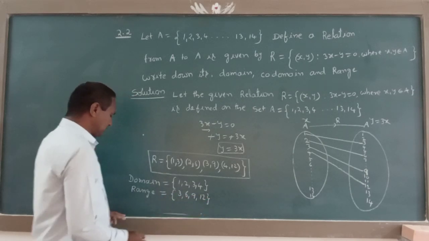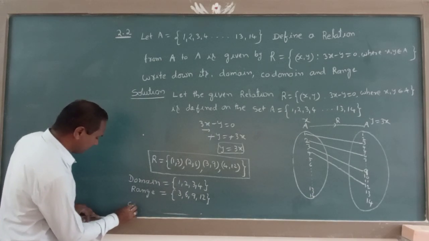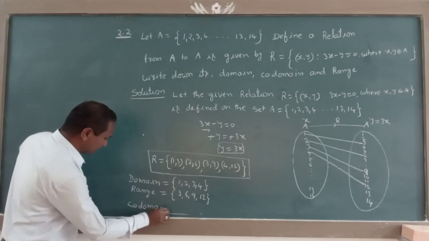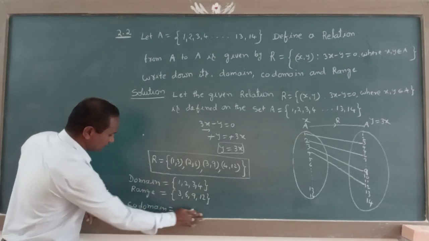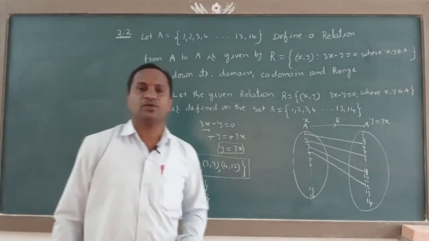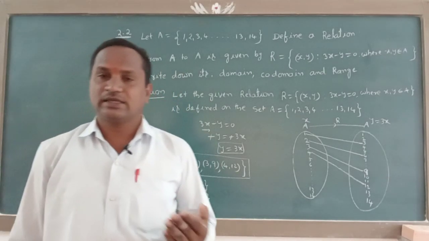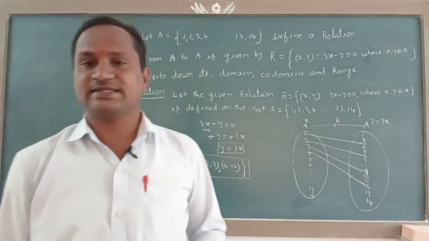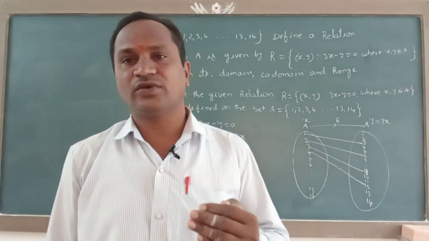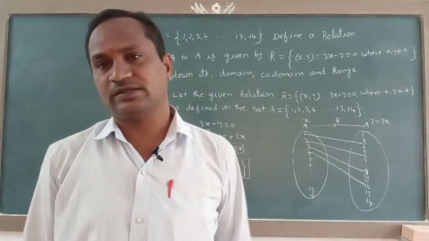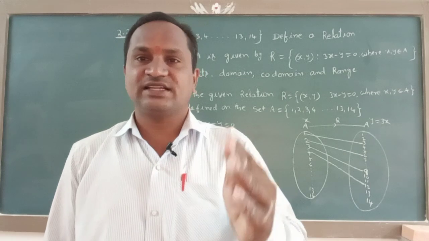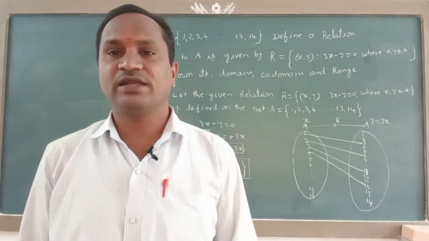Next, the last one is codomain. Even I have given the definition for codomain also. Let capital A and capital B be two sets. Then the relation capital R is defined from set A to set B. Then the whole set B is called the codomain of the relation.